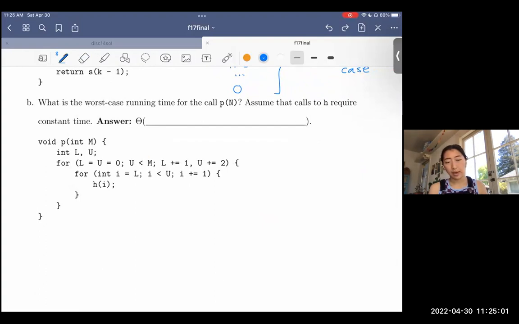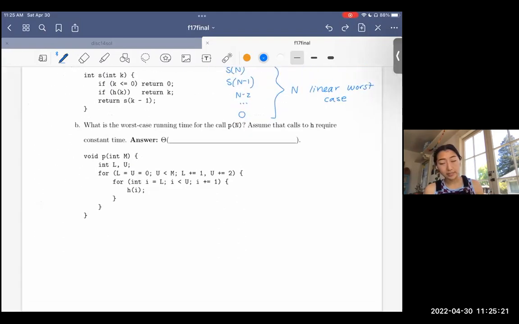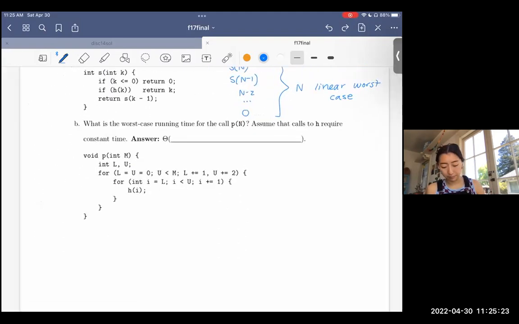And we see that there's an inner loop, which is essentially going to go from L to U, right? We start at L, go all the way up to U, incrementing by 1, and it's constant within there. And so I'm going to use how many times H is evaluated as our metric of a unit of work. And so let's count how many times this happens.